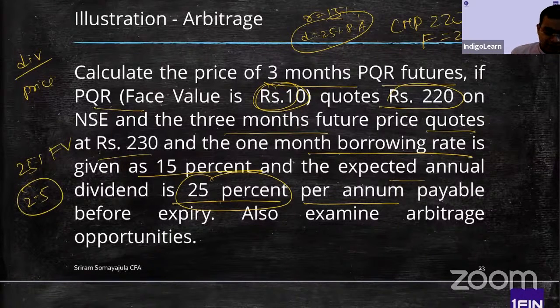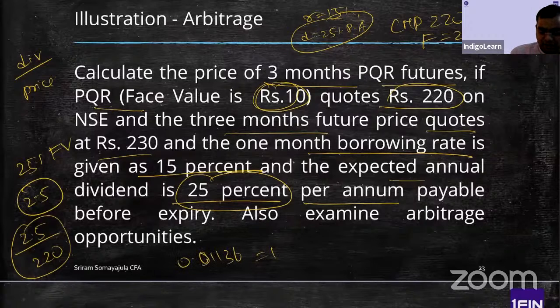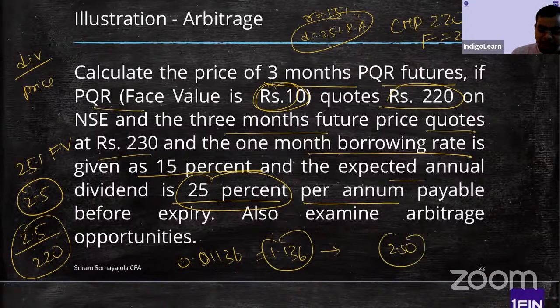Okay, so this dividend you have to convert into yield. How will you convert? 2.5 divided by 220. This is one way. You will get probably 0.01136. That is 1.136%. You can either do this, or you can directly take the dividend value of 2.50 and adjust it. Let us see how this works.